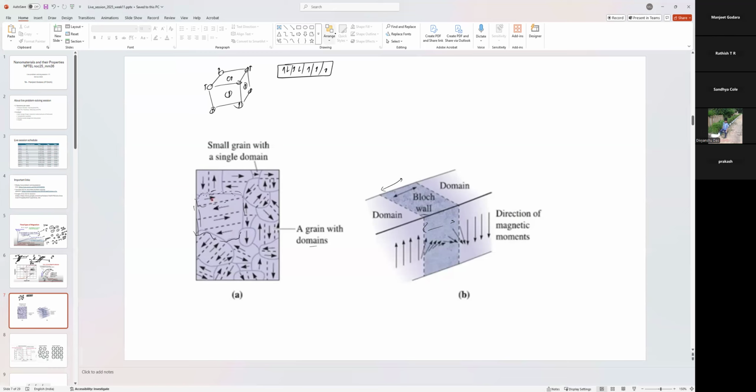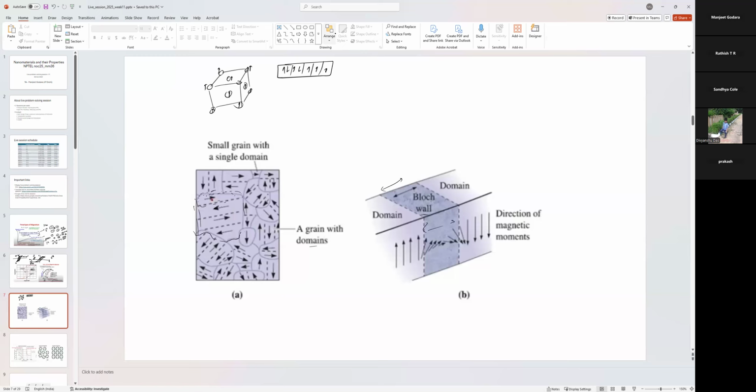So what happens when you apply a magnetic field? These domains start to switch and start orienting in particular directions. And the transition between the domains, in this domain wall region, is not abrupt. The magnetic field changes gradually.